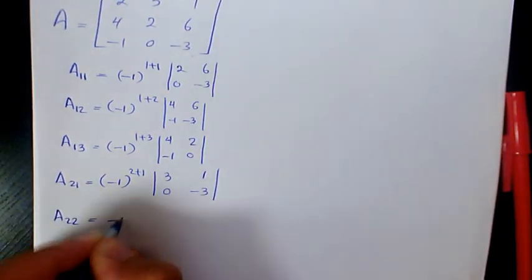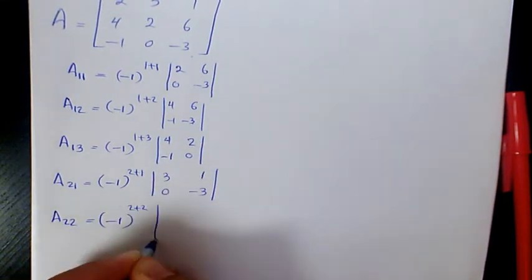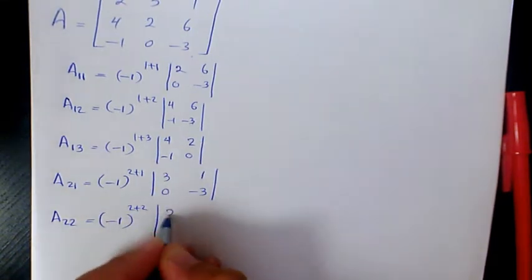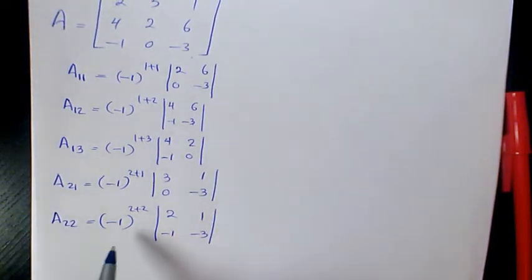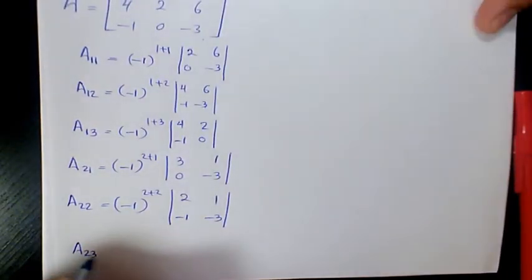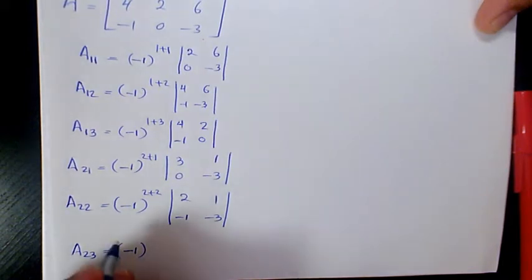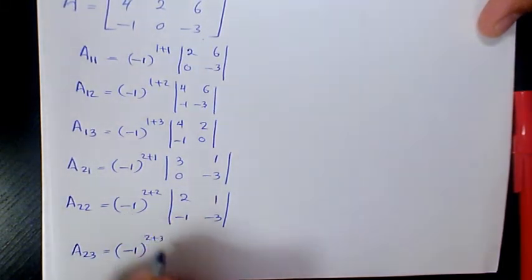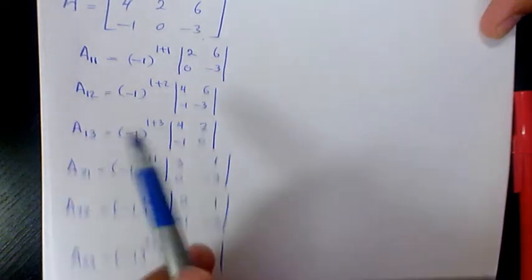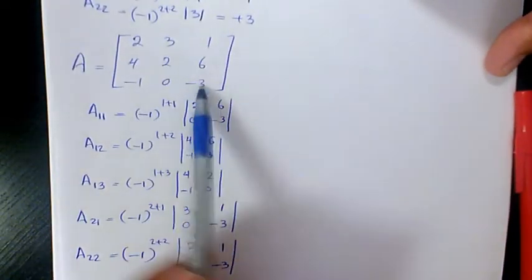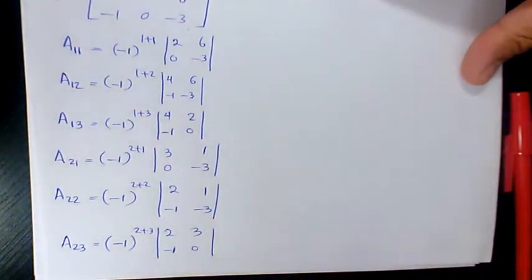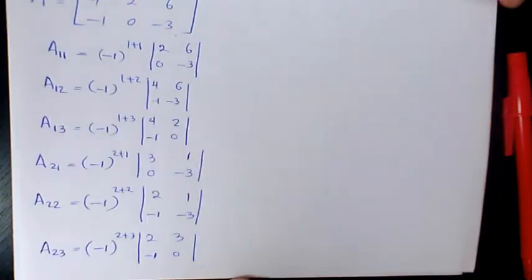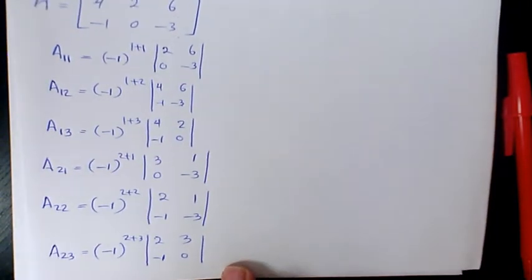A22, -1 to the power of 2 plus 2, that's going to be 2, 1, -1, -3. And next one is going to be A23, -1 to the power of 2 plus 3, 2, 3, -1, and 0. So that's going to be the first six of them.